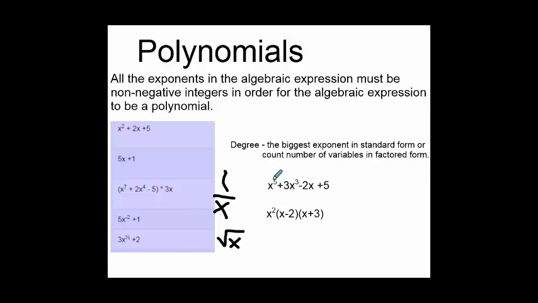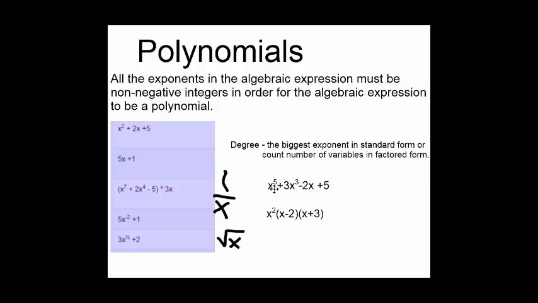Alright, so we can tell the degree as well by looking here. The degree is just the biggest exponent if it's in standard form, or you count the number of variables in factored form. If we look at this one, it has the 5th power, 3, and 1. So 5, 3, 1.